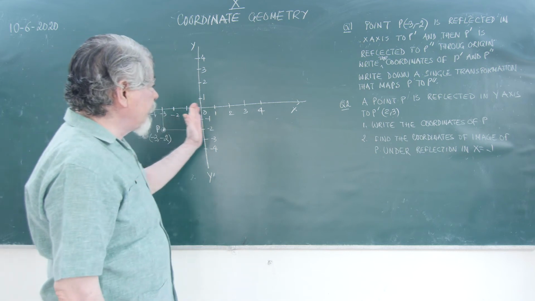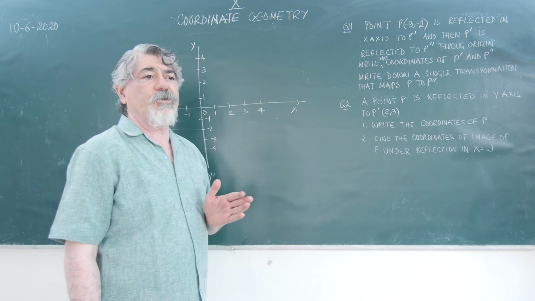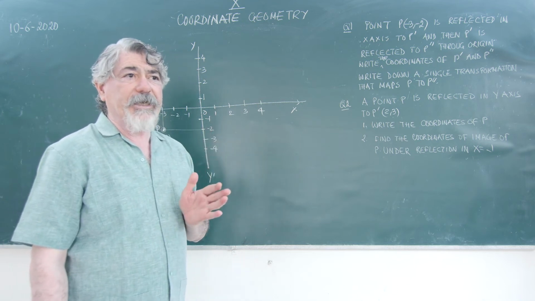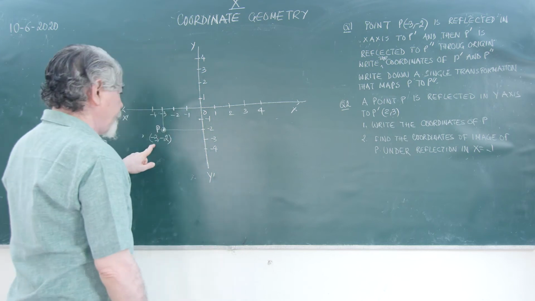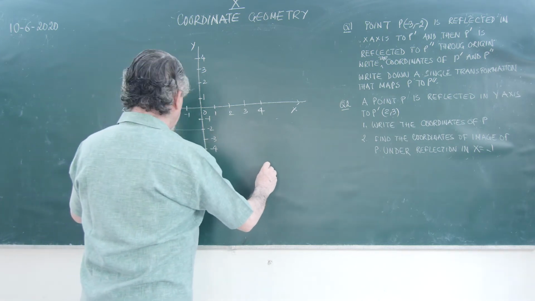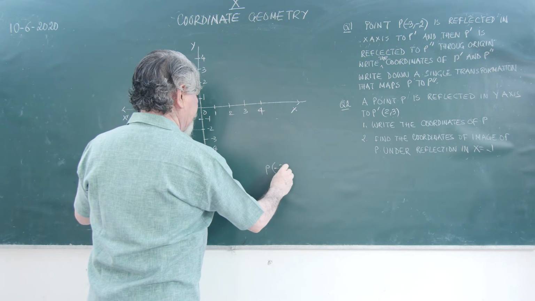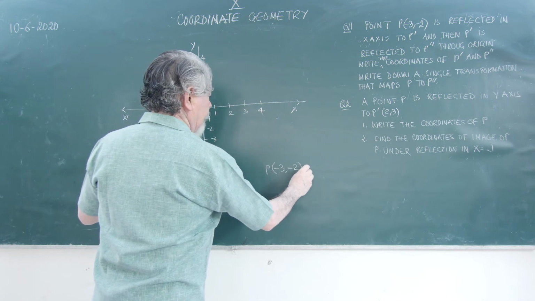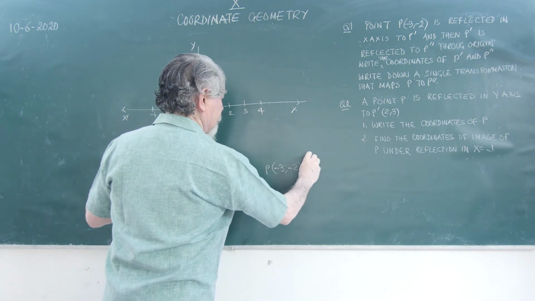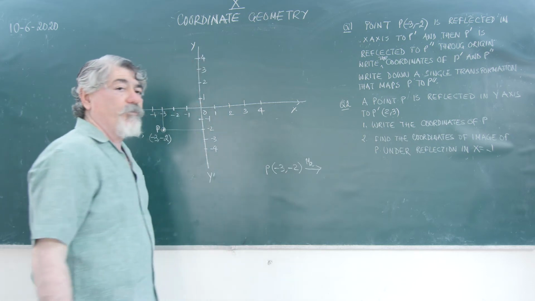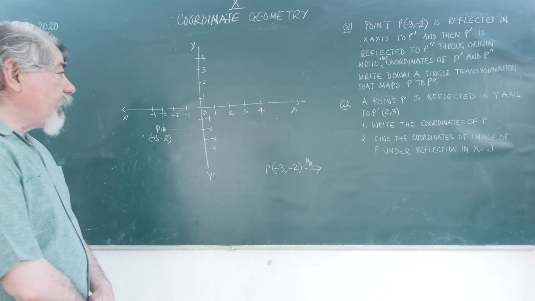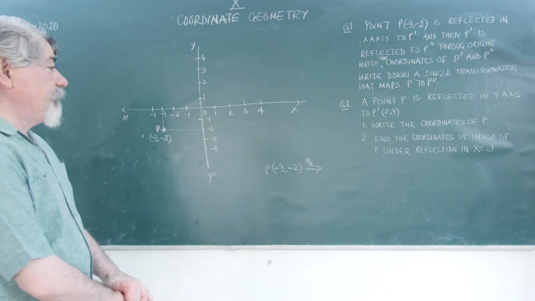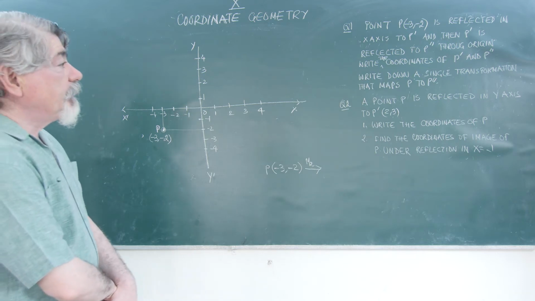I'm going to reflect in the x-axis, so the x-axis is going to act as the mirror line. Whenever you reflect a point, for example P is -3, -2, in the x-axis, that means the sign of the y coordinate will change.